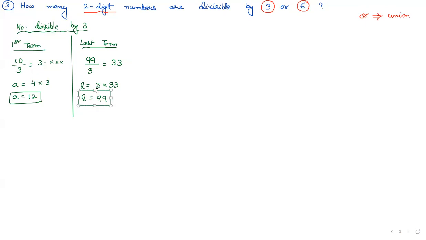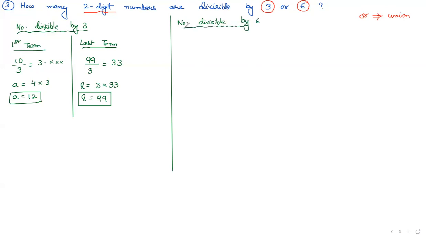Okay, in all the questions where you have to do this, if you have understood that, throughout we'll be doing only one thing, that is finding out the first term and the last term. So here, numbers which are divisible by 6.